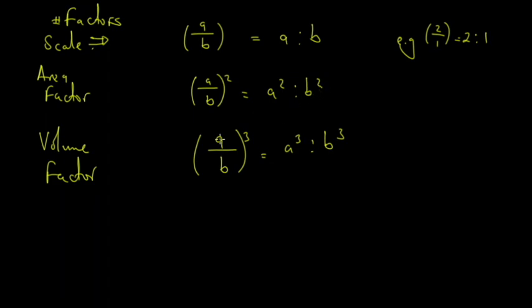The volume factor would be a cubed over b cubed, like this. So these are important principles. When you're given the volume factor, if you want to get the scale factor, you have to take the cube root, so that you get a divided by b, like this.